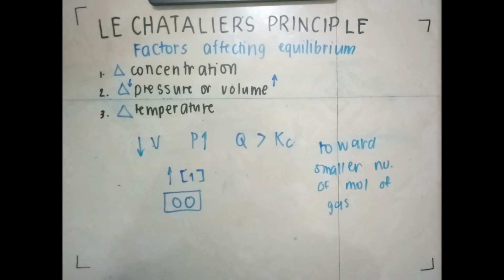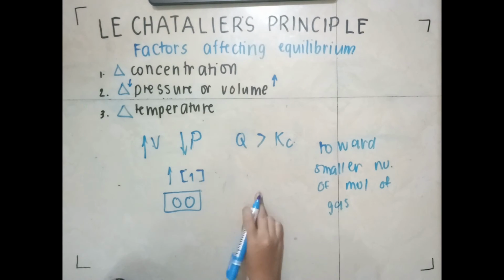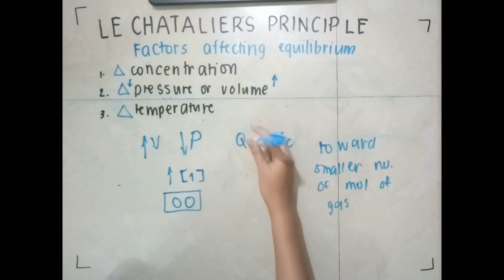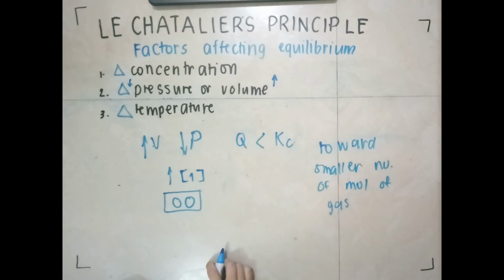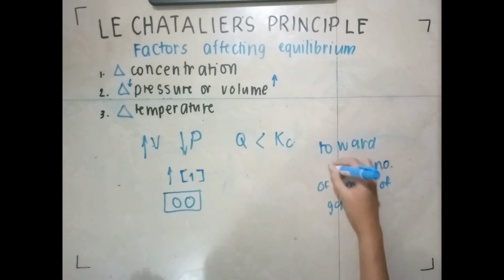While if volume increases and pressure decreases, Q is less than Kc, and the shift in reaction will go towards the larger number of moles of gas.